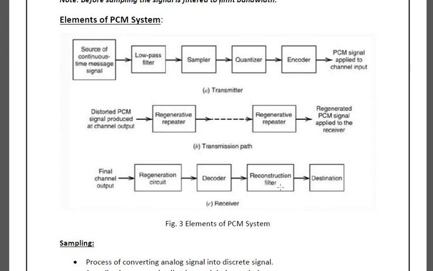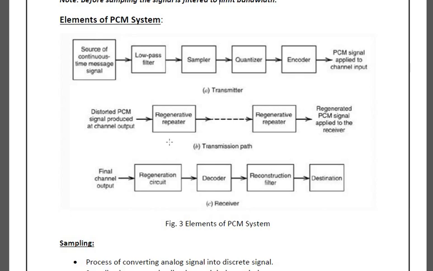In that path, in case your signal is getting distorted or your pulse amplitude is not perfect, we will be using these regenerative repeaters to boost the pulse amplitude and avoid distortions.